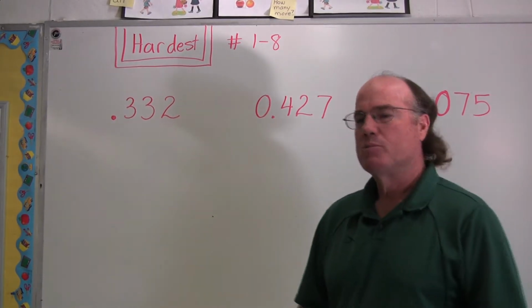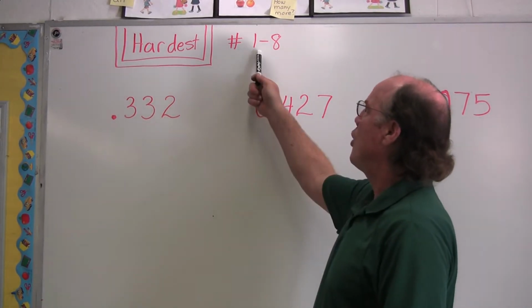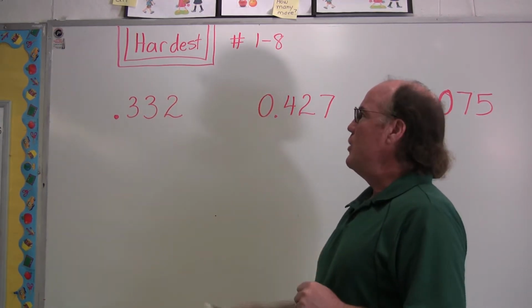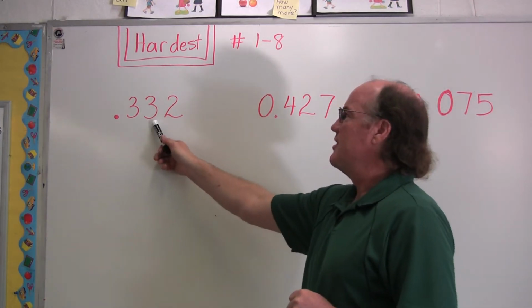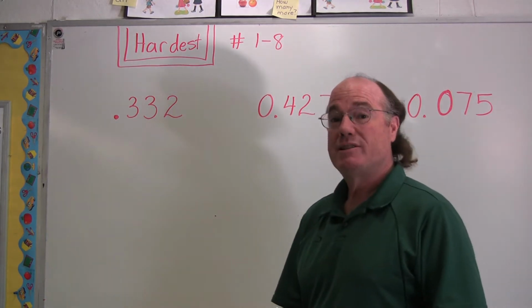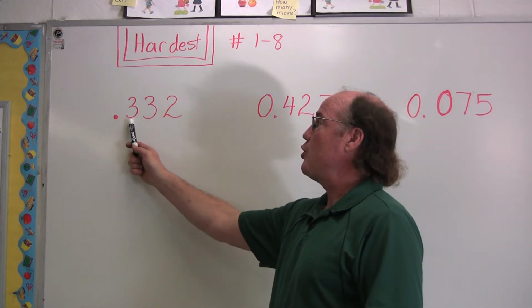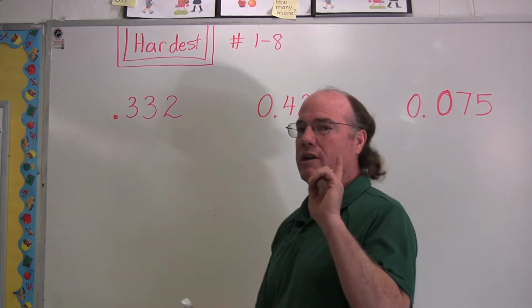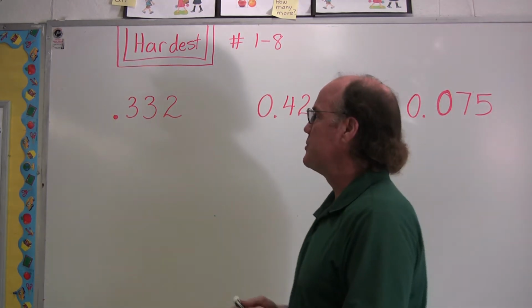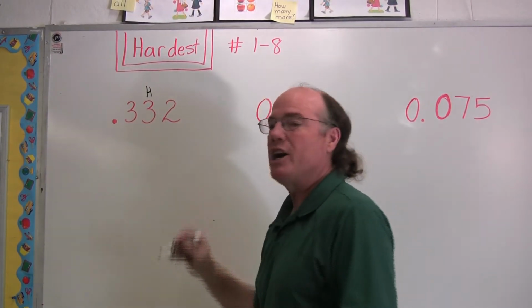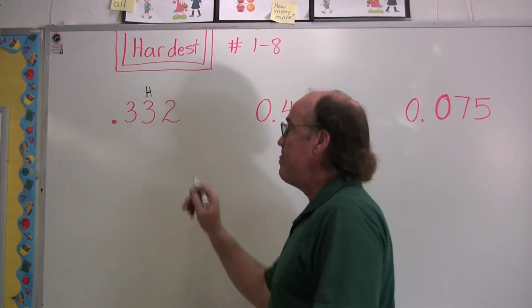The hardest problems on the top half of the homework page, numbers 1 through 8, they deal with decimals that go more than 2 places, okay? Now let's look at 0.332. Now I want us to remember this. Percents are equal to hundredths, okay?